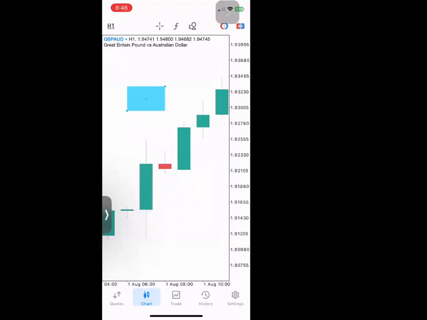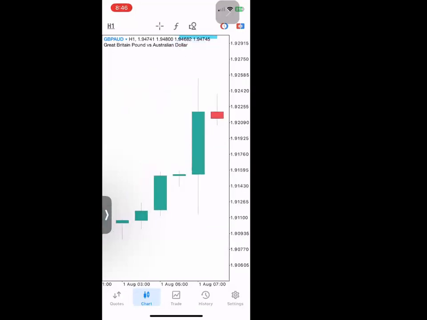The small red candle is representing 1 hour. You can see here too, there's a small green candle. That one is also representing 1 hour. So it doesn't matter the size. As far as it is each one, that means it represents 1 hour.